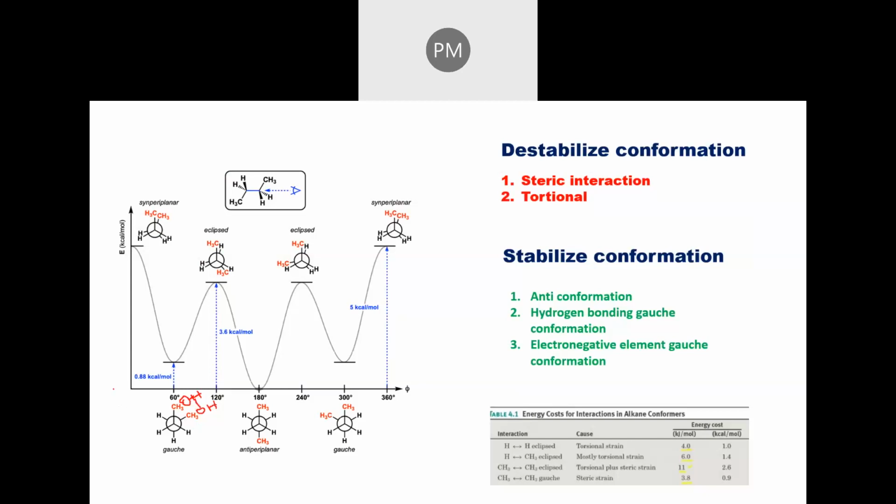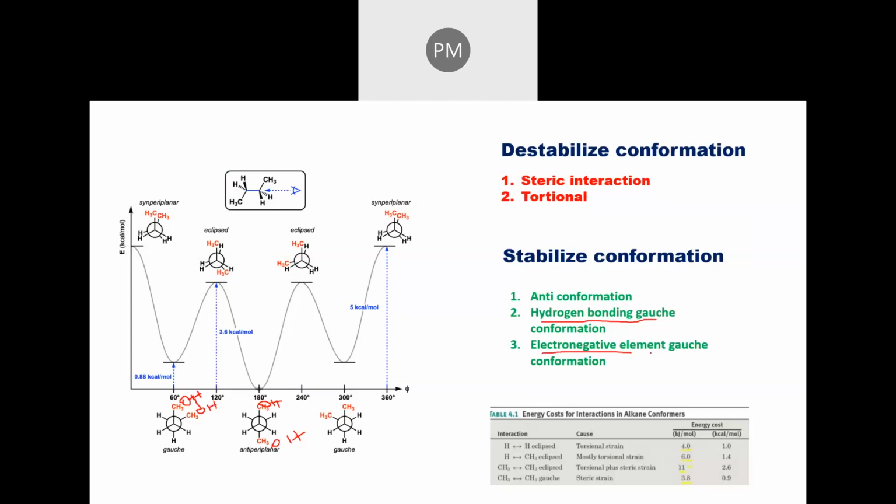So in that case our gauche conformation will be stable, because in the anti-conformation, if we place OH here, the OH groups are far apart, so there will be no chance of hydrogen bonding, because hydrogen bonding needs a minimum distance. So the anti conformation would not be stabilized as compared to gauche. For these cases with hydrogen bonding, the gauche conformation will be more stable.